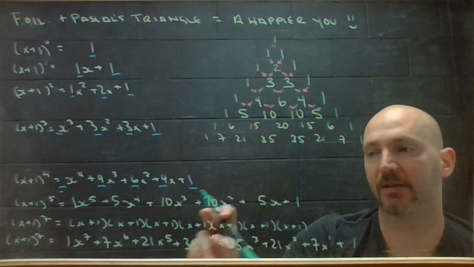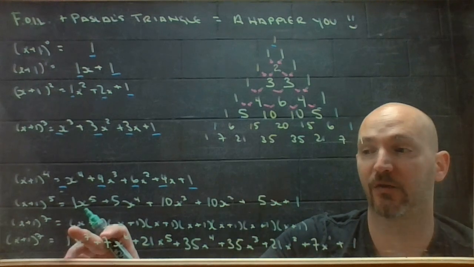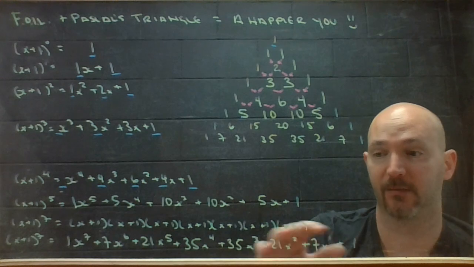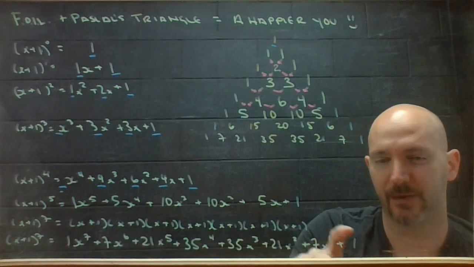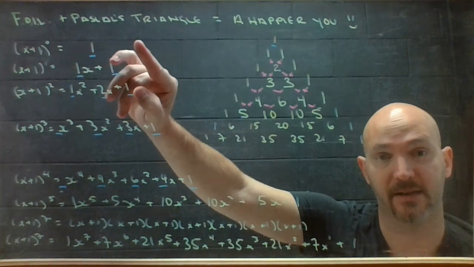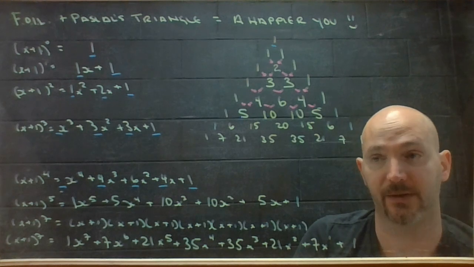It took as long for me to answer that question using Pascal's as it took for me to set up the question using FOIL, let alone do it. So this is gold, right? So FOIL plus Pascal's triangle equals a happier you, because now you don't have to do all that FOIL stuff.